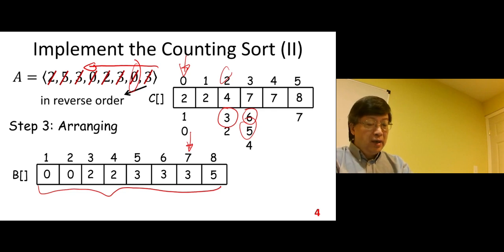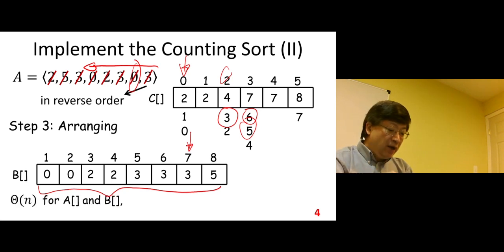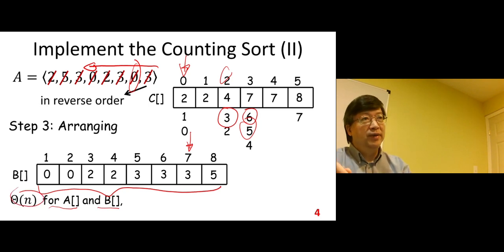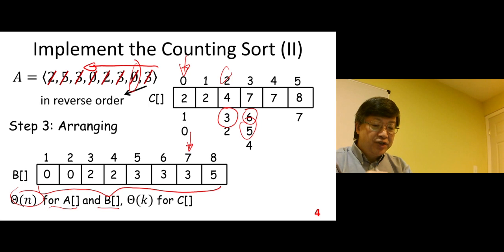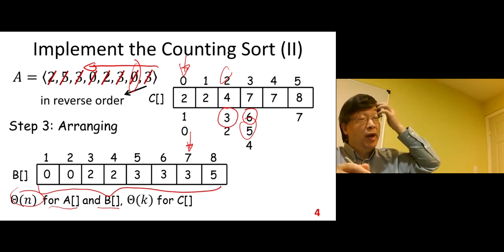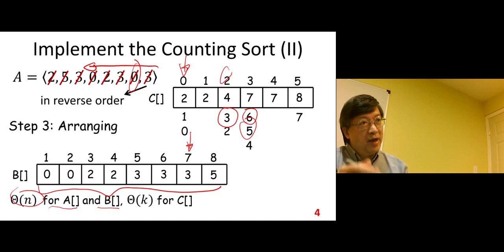Now let's look at the efficiency, the performance of this method. We need to scan the A array once and the B array once, each one big theta of n. Then the C array once. Actually, the C array more than once, because of the counting and then the accumulating. So now you can calculate.